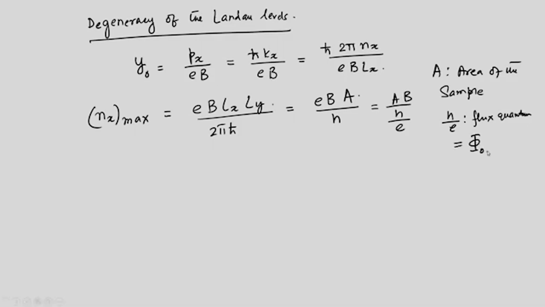This is a flux quantum which has a particular value in Weber, some 10 to the power minus 14, 10 to the power minus 15 value. Let us call this G, the degeneracy.